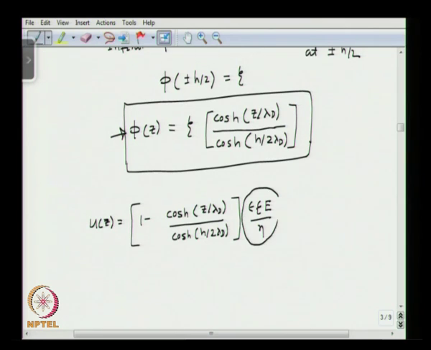Now, this is known as ideal electroosmotic velocity, u subscript EO.